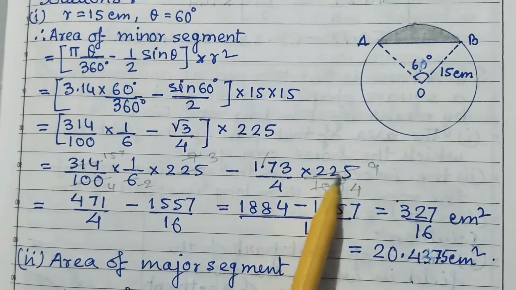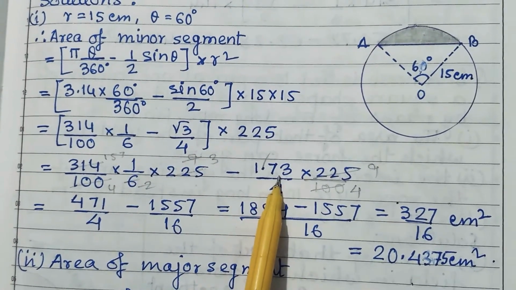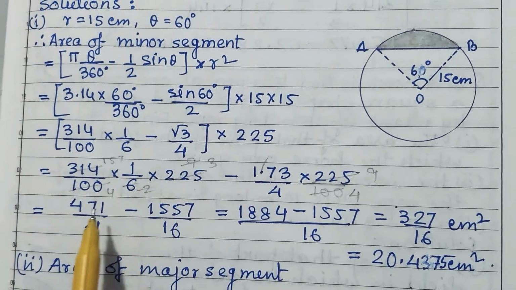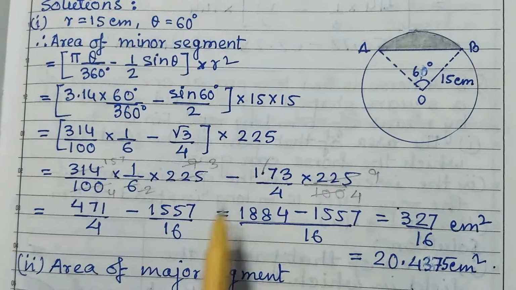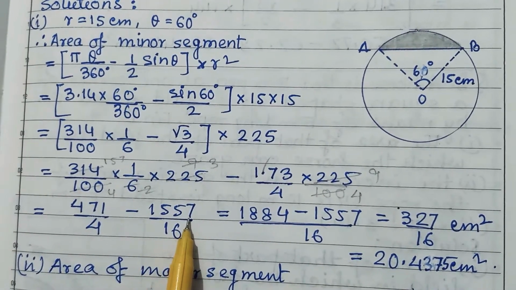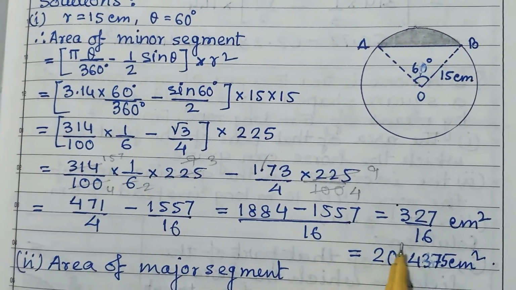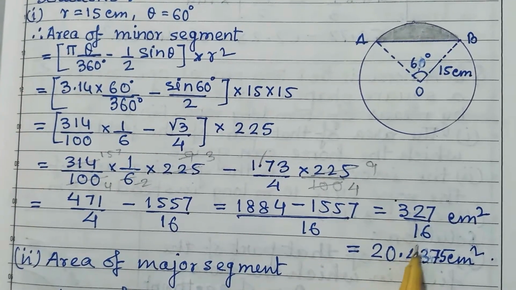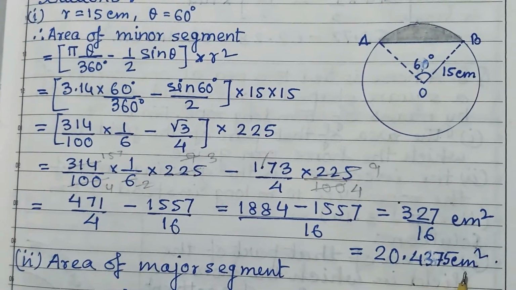In this way you have to calculate, and root 3's value is given as 1.73. This much part by calculation is 471 upon 4 and this much part is coming 1557 upon 16. Now it is coming 327 upon 16 centimeter square, that means 20.4375 centimeter square.